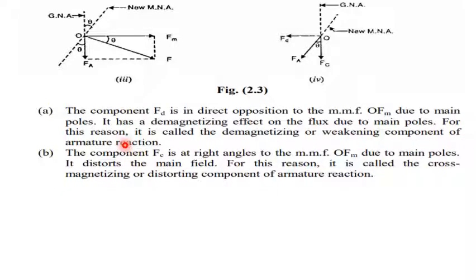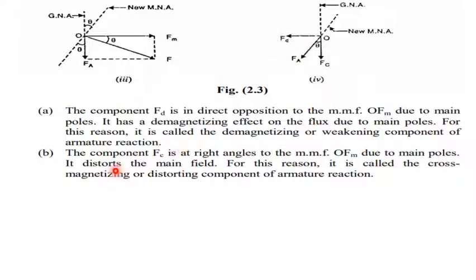Now here, the component FD is in opposition to the MMF OFM due to the main poles. Since it has this effect, it is called the demagnetizing effect, so we find the weakening component of the armature reaction here.